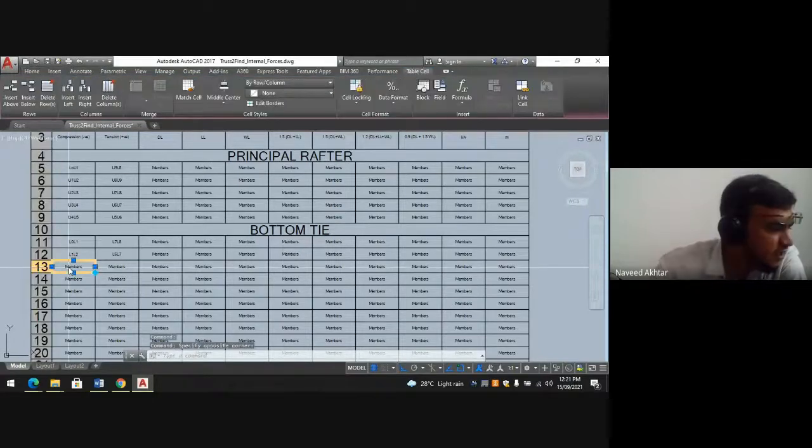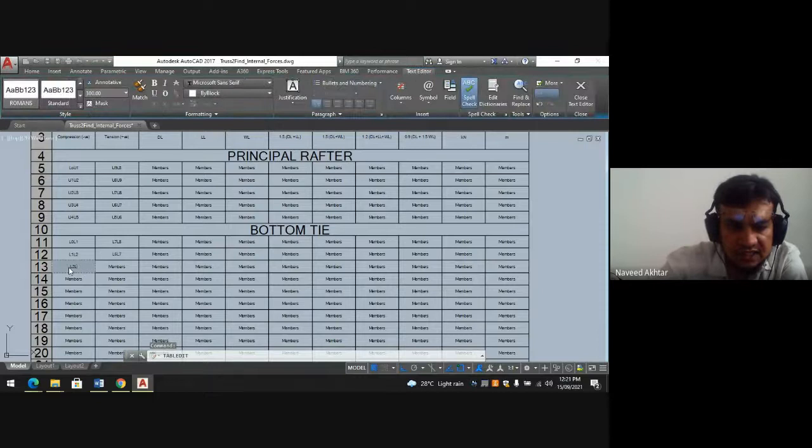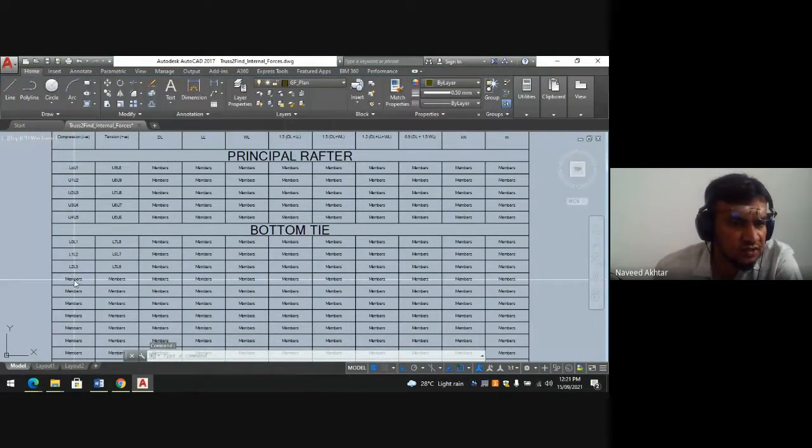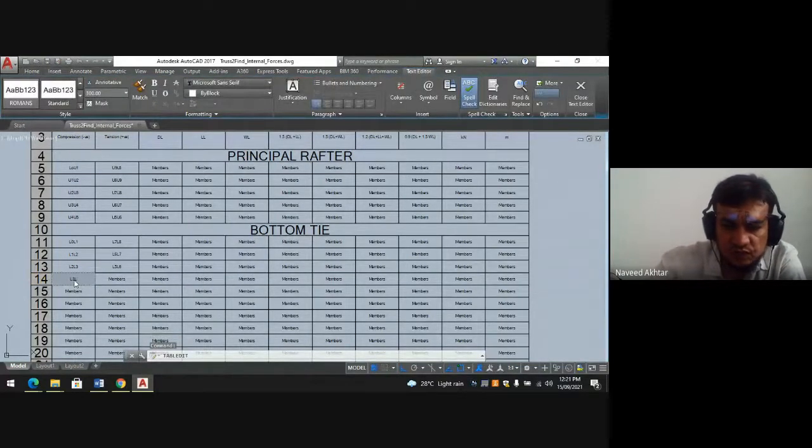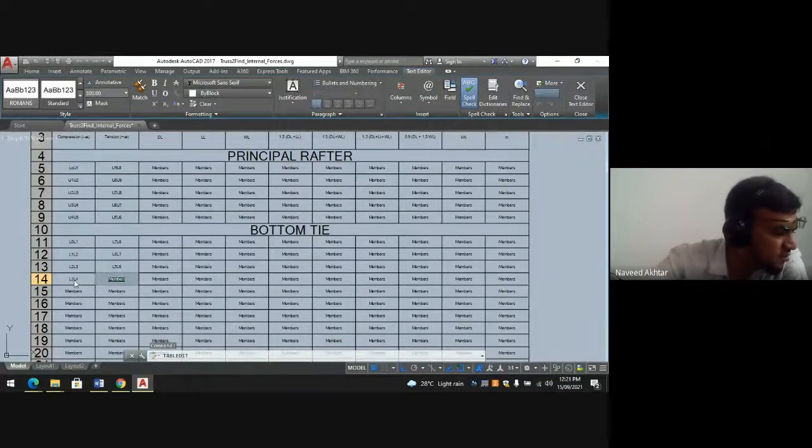Similarly, L2 L3 is same as L5 L6. Similarly, L3 L4 same as L4 L5.